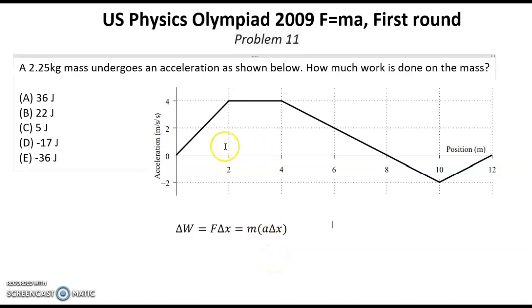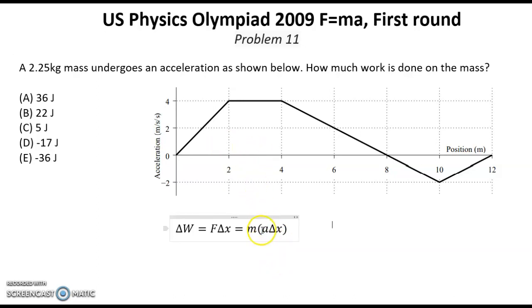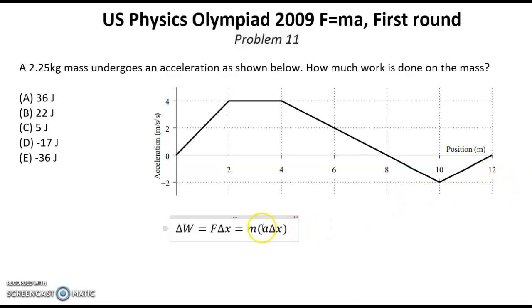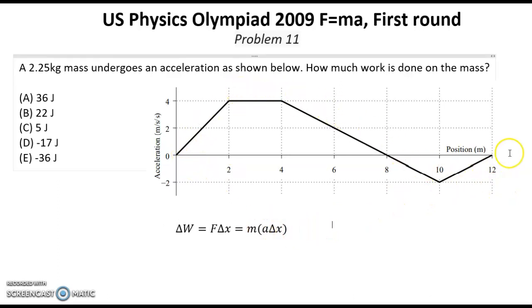If we look at this graph, we can see that acceleration multiplied by dx is just the area with displacement dx and current acceleration. So to find the total work done during this graph, we can calculate the total area and multiply it by mass.